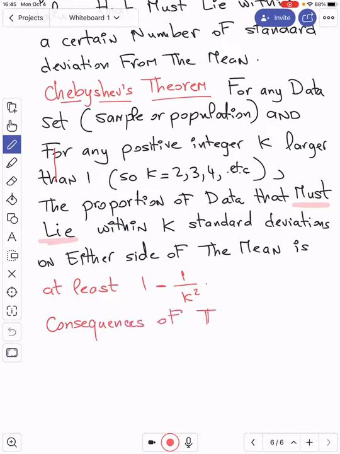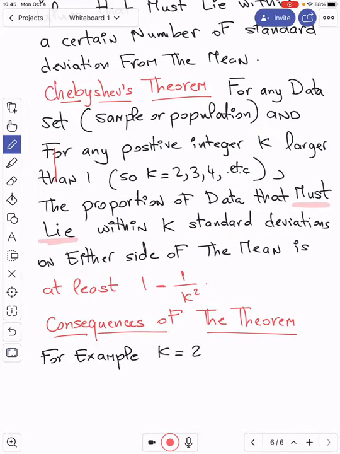So, for example, let's say k is equal to 2, okay? And again, k could be any positive integer larger than 1. Now, let's say k is 2.